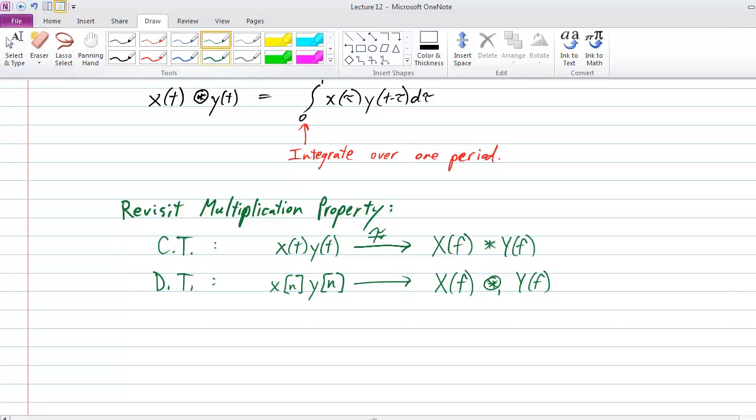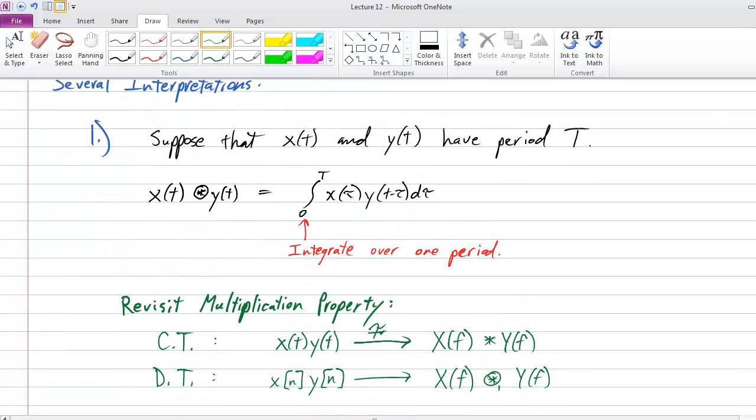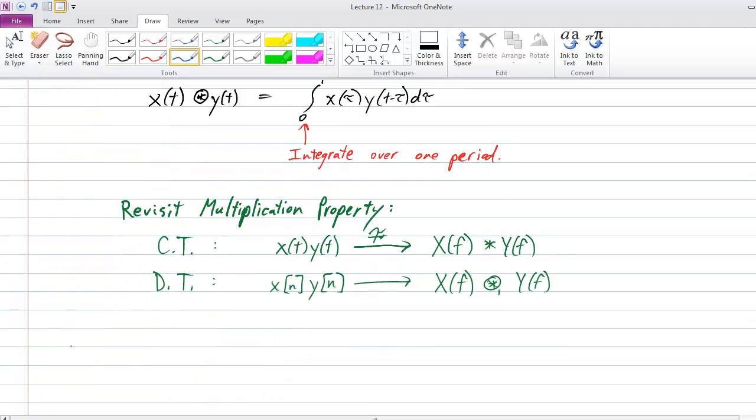Okay, I said there were more than one interpretation of this circular convolution. Let's do interpretation 2. All right.